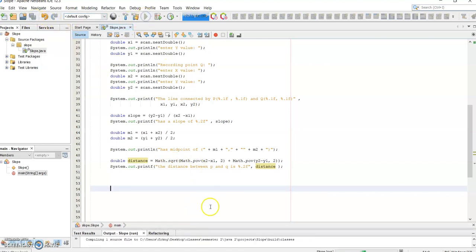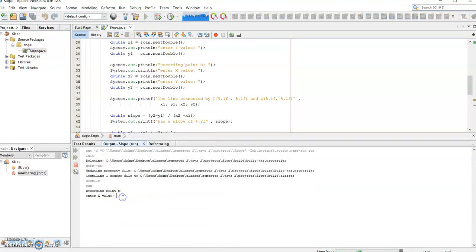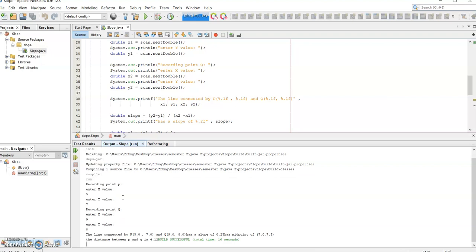Let's start the program. What is it saying? Okay, enter x value for point P: 5. Okay, y value 7, x value 9, y value 8. Let's see.